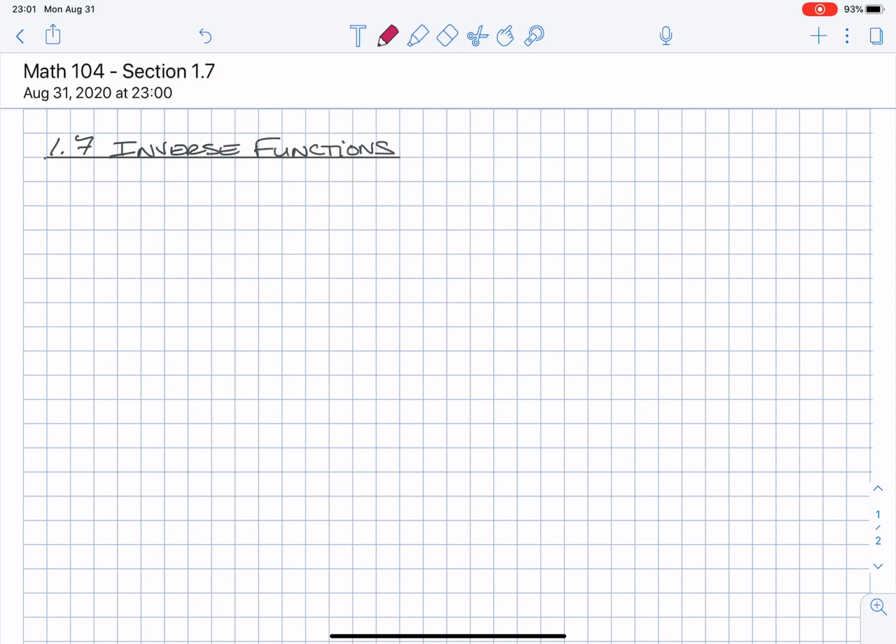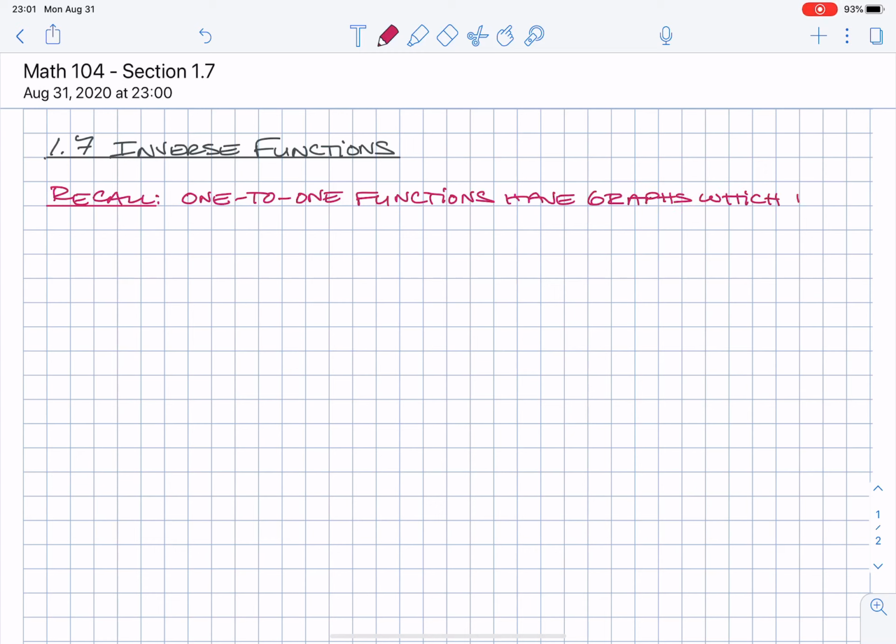Okay, so let's recall one-to-one functions. One-to-one functions have graphs which pass the horizontal line test.